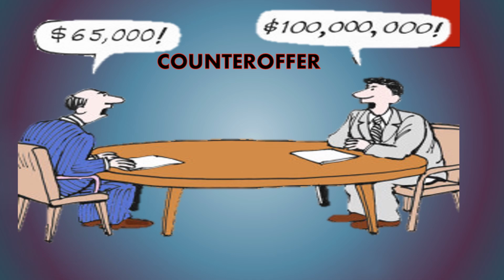Now, the other thing that the offeree can do is make a counteroffer. A counteroffer is the rejection of an offer and a simultaneous making of a new offer. Now, when the offer is made, the offeror is in charge.